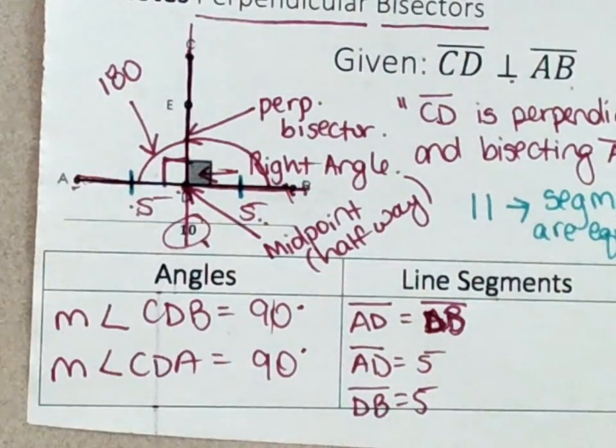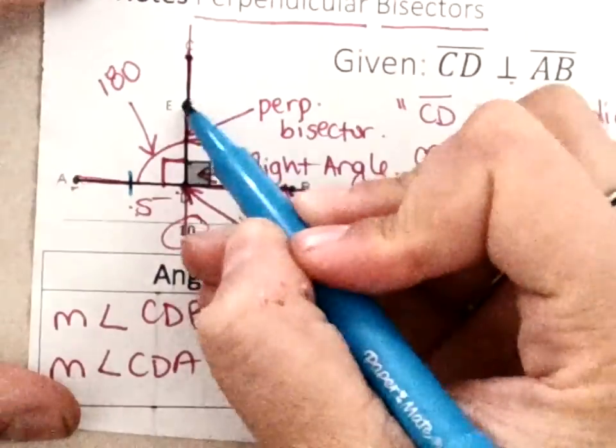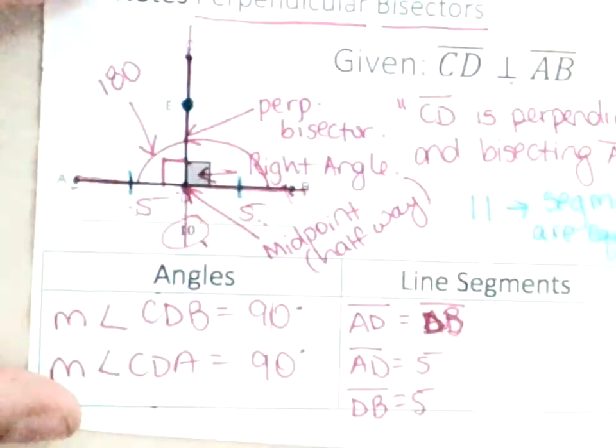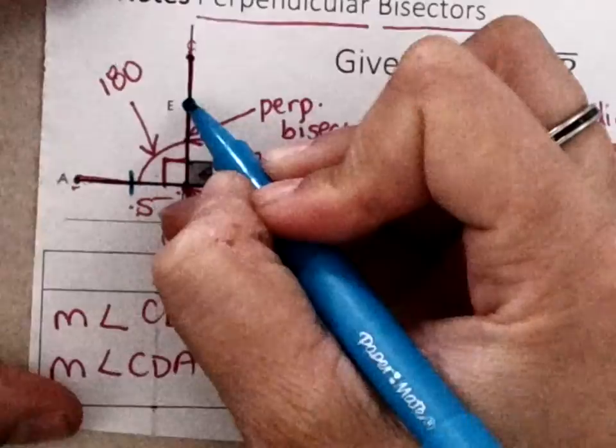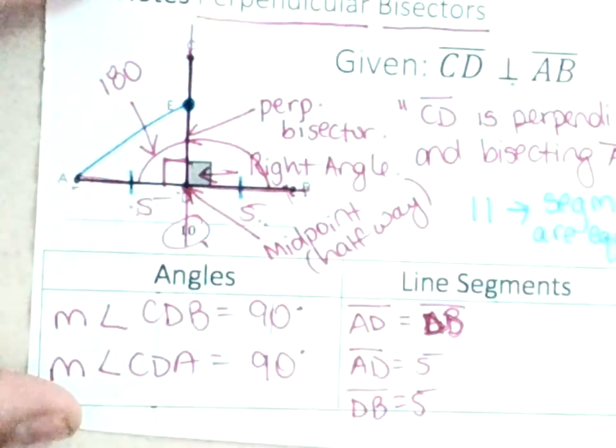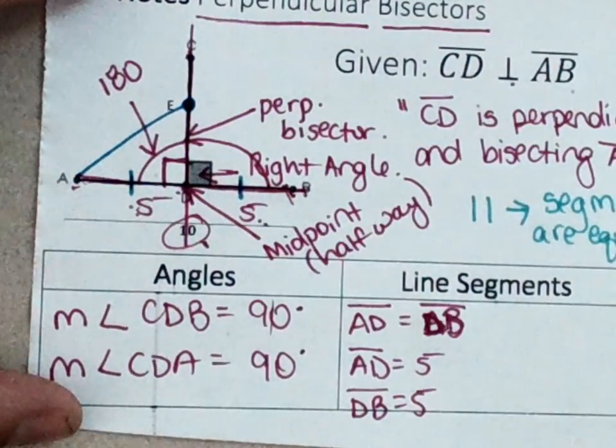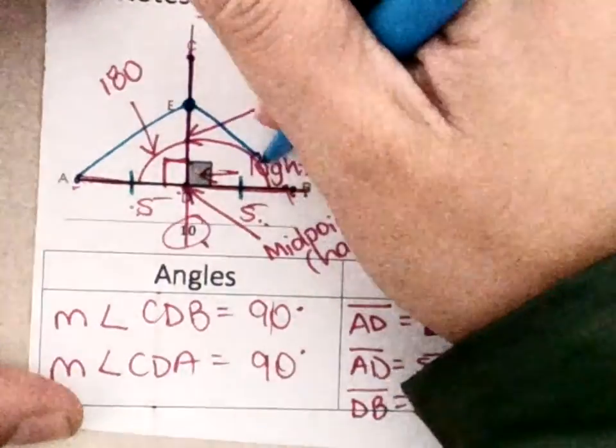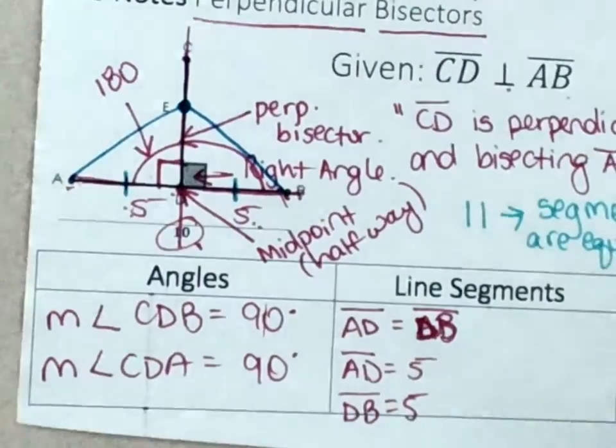Now the other thing about perpendicular bisectors is that you can measure a point on the actual line that is bisecting, and you can measure the length to one end, and the other end, and they should be equal.